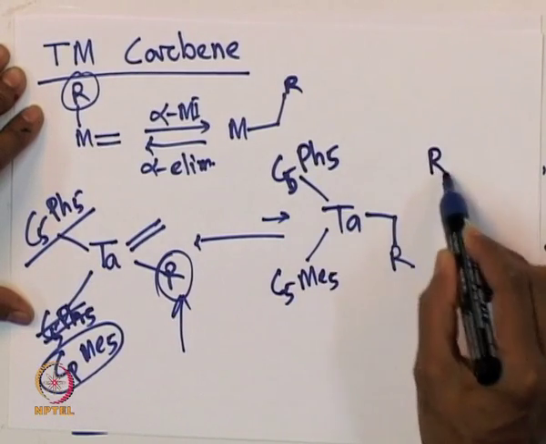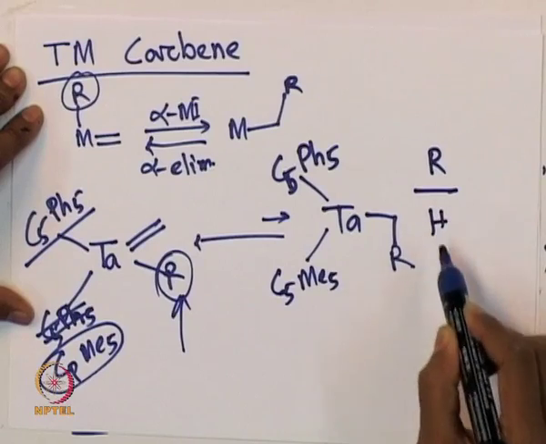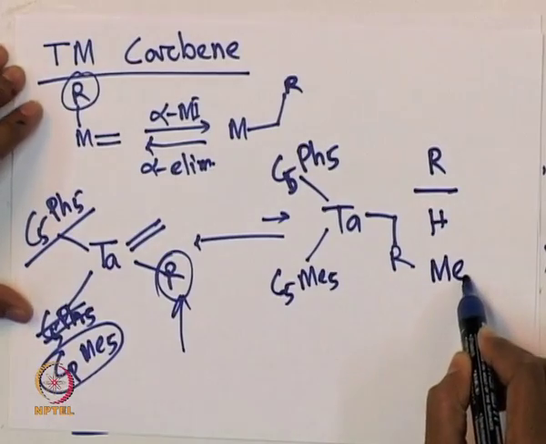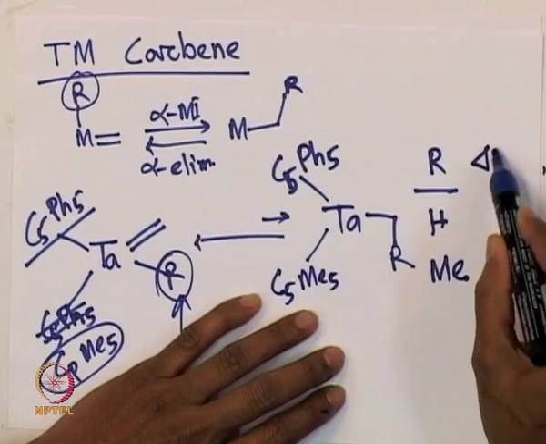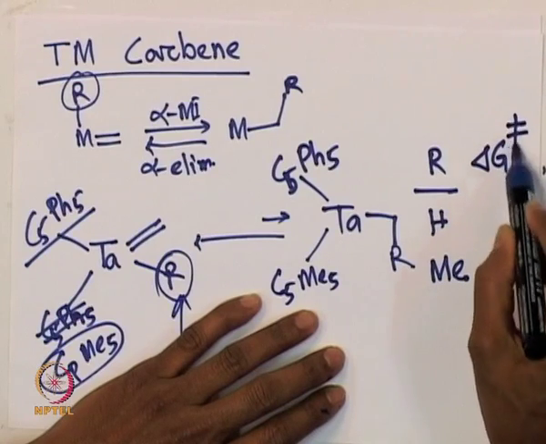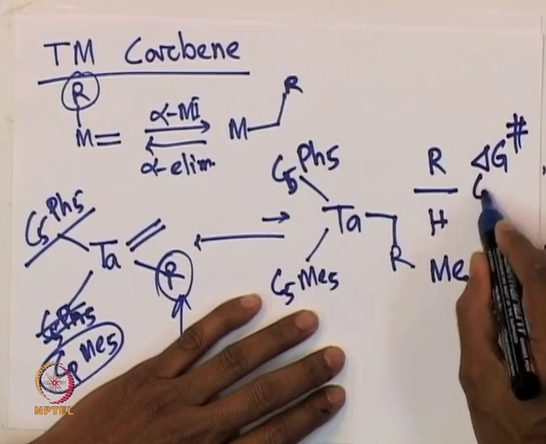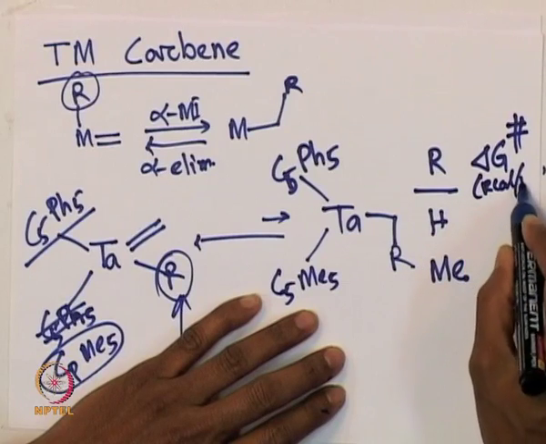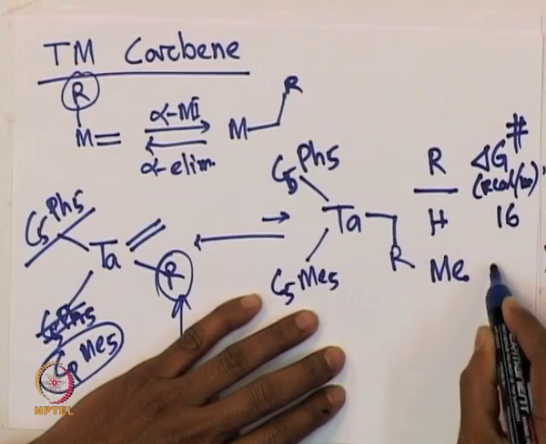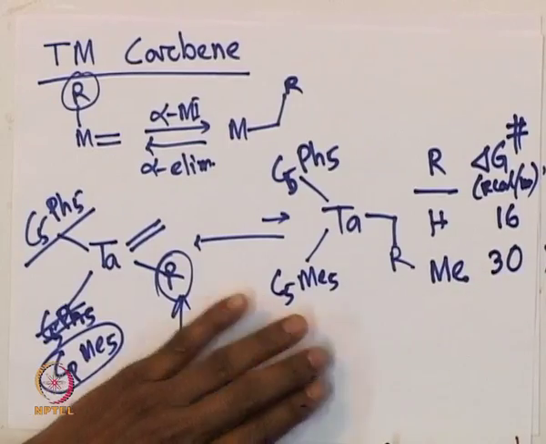Okay. When R equals hydrogen and R equals methyl, what was experimentally found is that this delta G double dagger value in kcal per mole is 16 and this is 30.